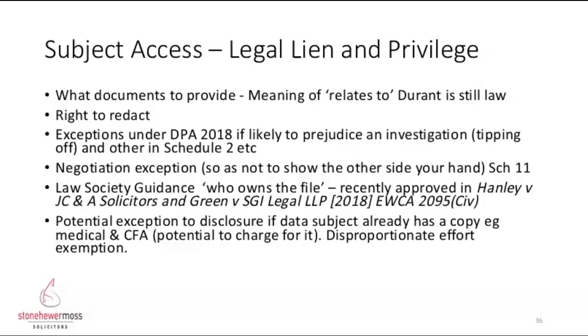There's guidance on the Law Society website on who owns the file, and that guidance was recently mentioned in Hanley versus JCNA and mentioned very positively. There is also the potential for an exception if the document has already been given to the person asking for it. You may be able to charge for that document. So a lot of things to think about before simply handing over the file.